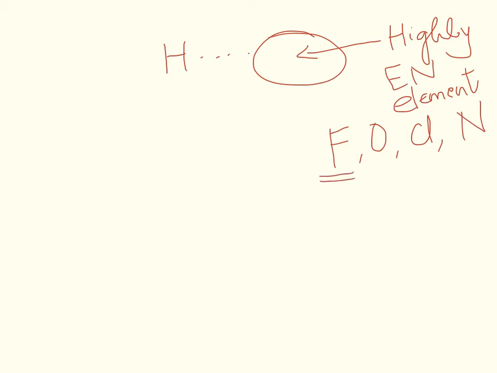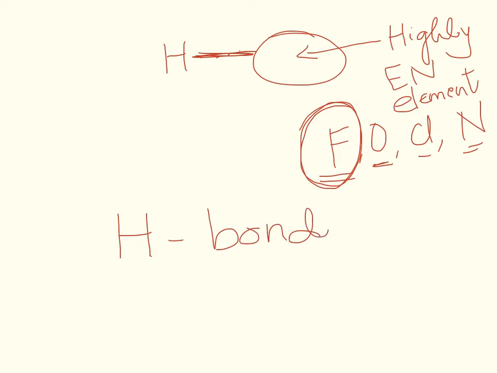Fluorine is the highest electronegative element, followed by oxygen, followed by chlorine, then nitrogen, and then the electronegativity fades away. So in the periodic table, fluorine has the highest electronegativity followed by oxygen. So in a molecule where hydrogen is bonded to a highly electronegative element, there is another interactive force, and it's called hydrogen bonding.